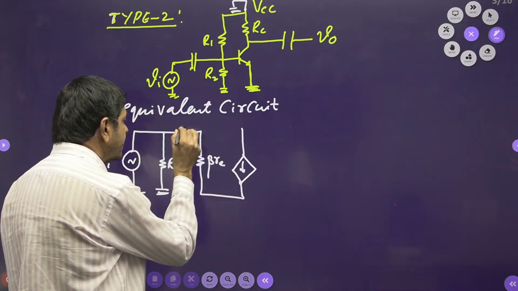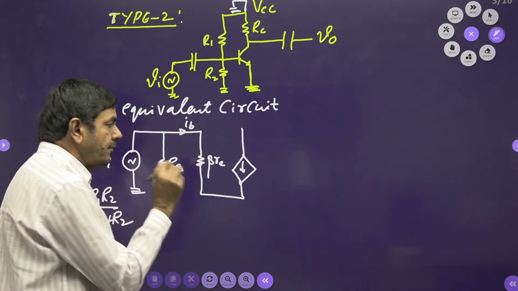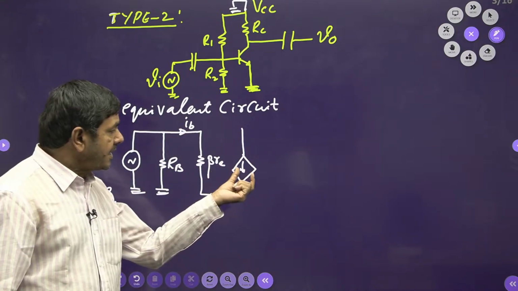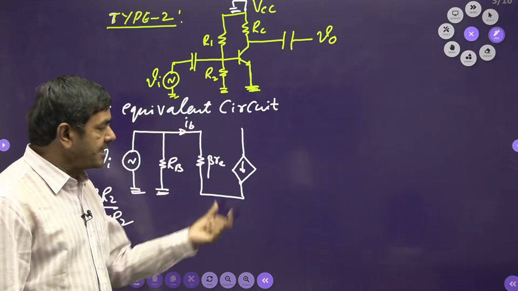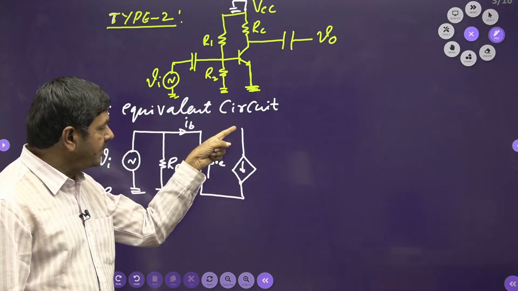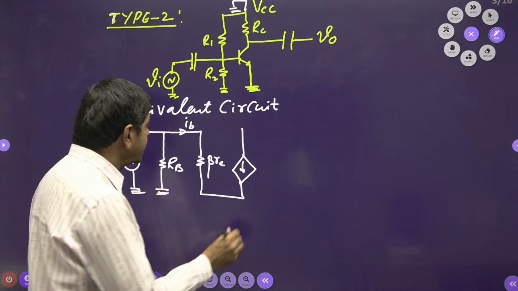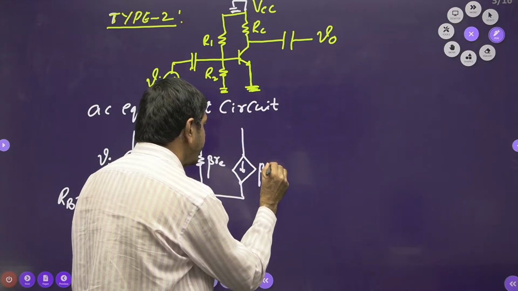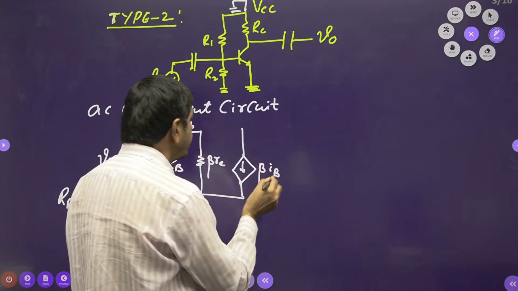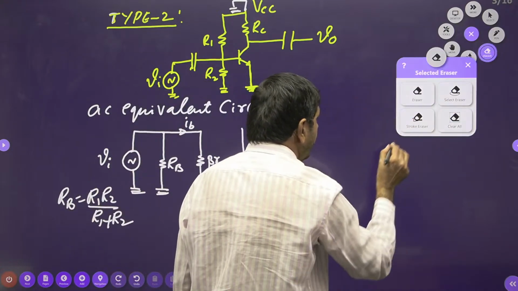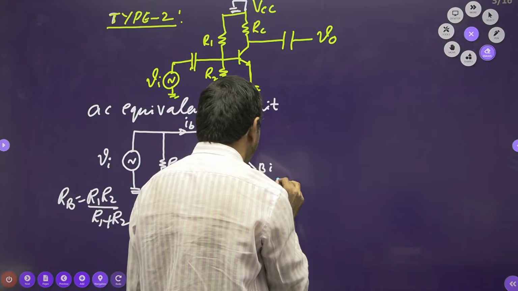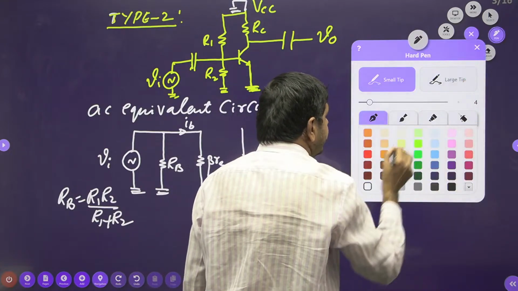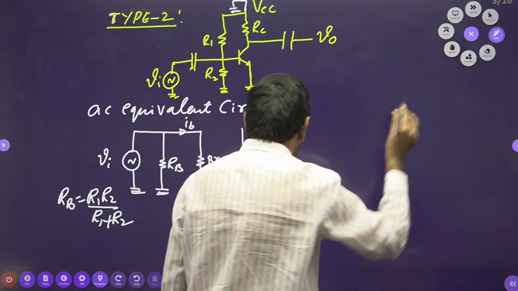This current is the base current, the same base current is going to flow. This current depends upon this base current because IC equals what? Beta into IB. This current IC I can get from beta into IB. Small b I can use. Beta into IB I can write.